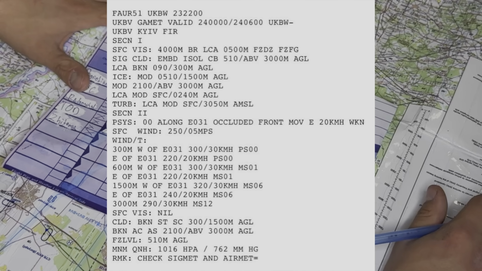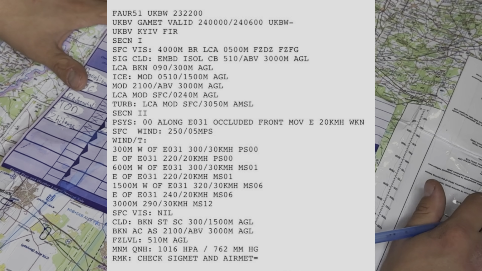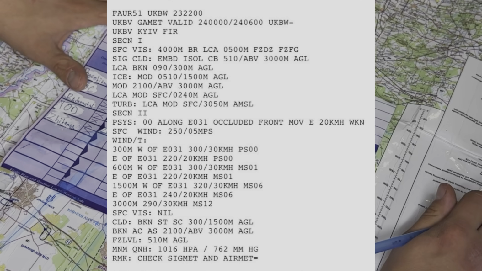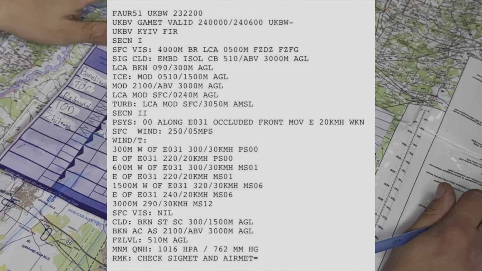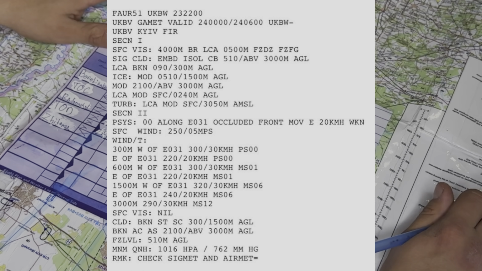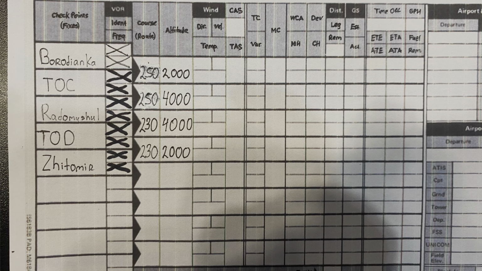the wind velocity is 20 kilometers per hour and direction 220 degrees. At an altitude of 1,500 feet, the direction is 240 and the velocity the same, 20 knots. We have altitude 2,000 feet, this is approximately 609 meters.